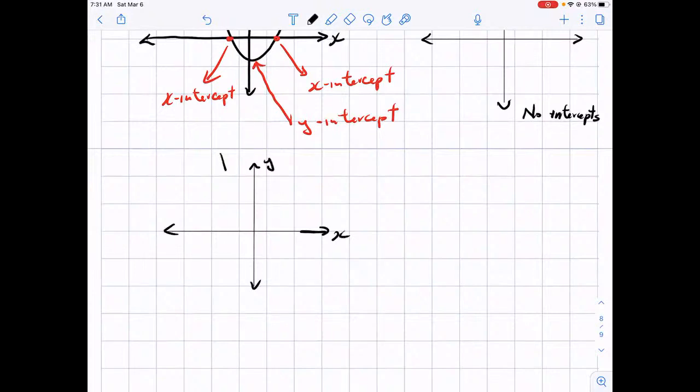An example of that could be this graph here, where it never crosses the x-axis. So here we only have y-intercept. Okay? No x-intercept.